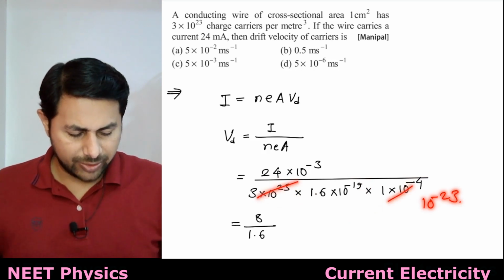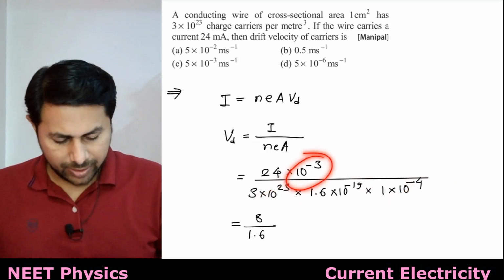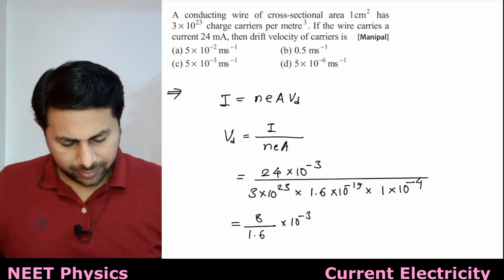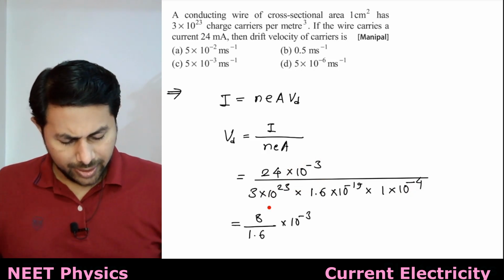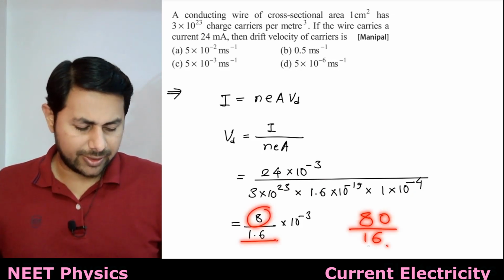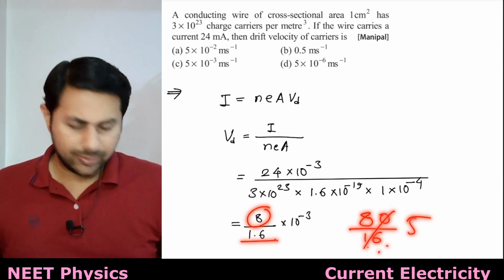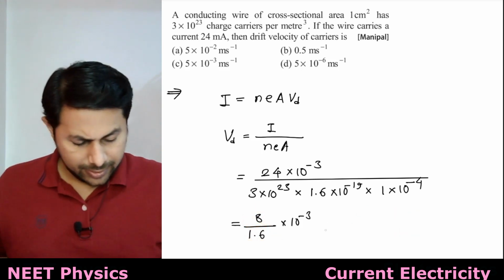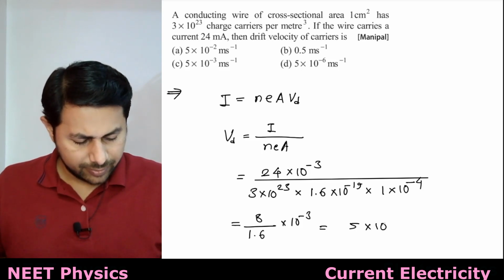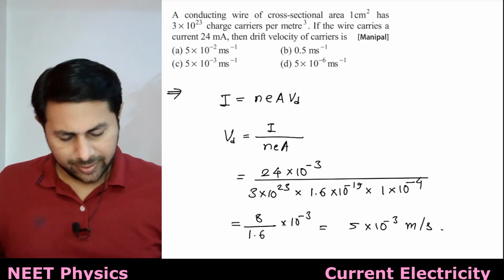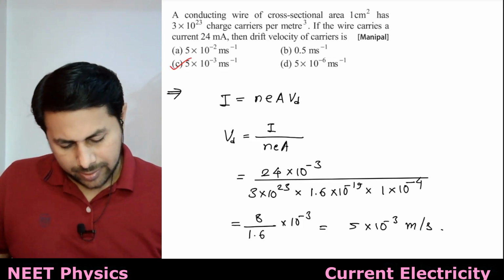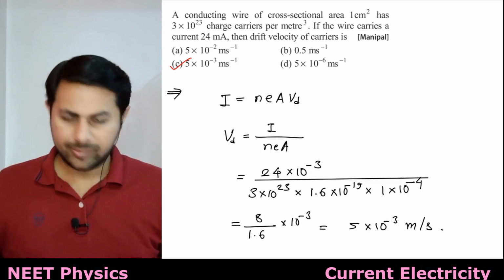Minus 23 plus 23 cancels out, and what remains is 10 raised to minus 3. 8 divided by 1.6, I can write as 80 divided by 16, so that's 5. So the answer is 5 multiplied by 10 raised to minus 3 meters per second. So it is option C. This is simple.